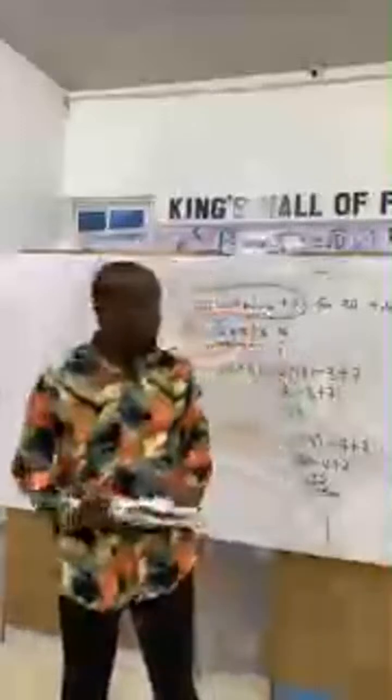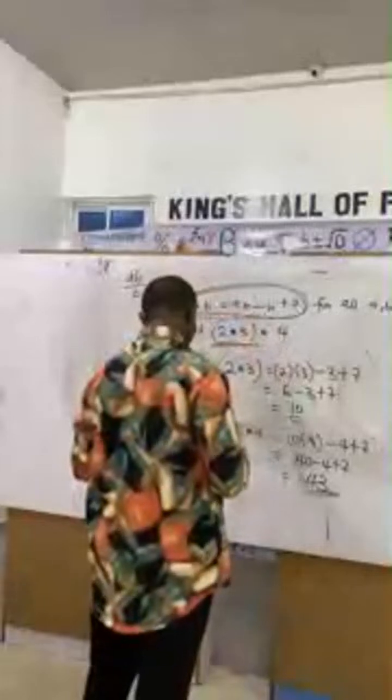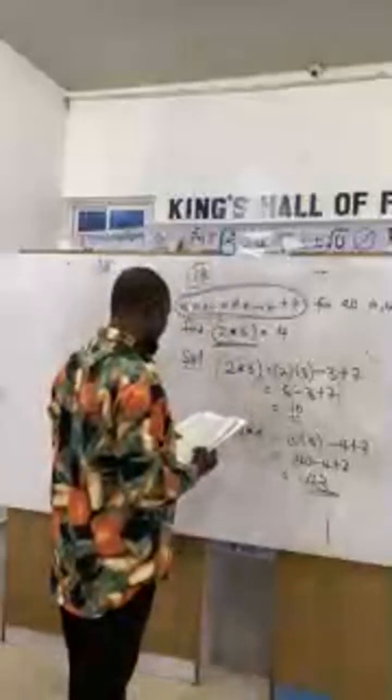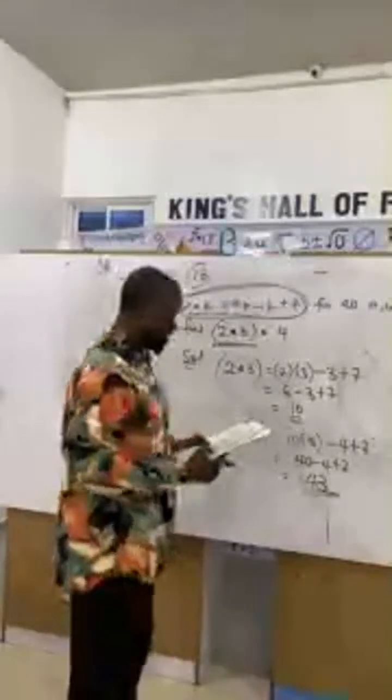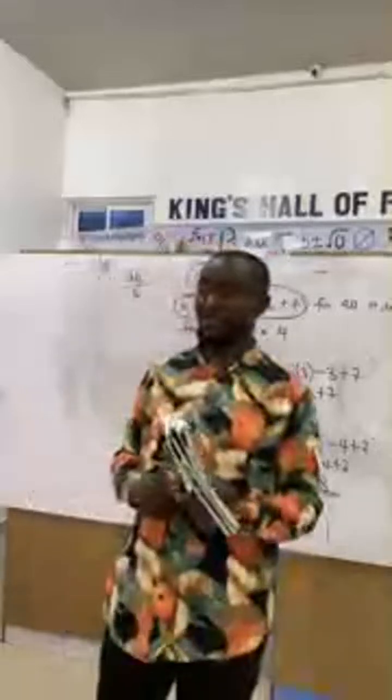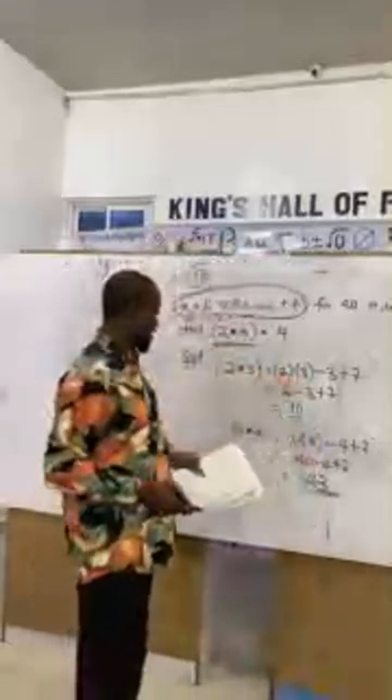Let's check. That was question number what? Number 18. Question number 18 is what we are solving, not 8. And I see the D of that question there. That D is 43, and that is the answer.